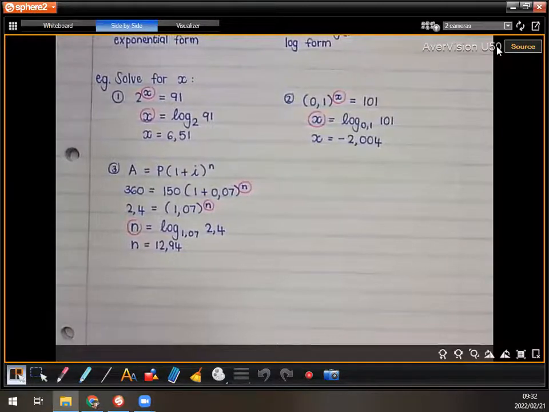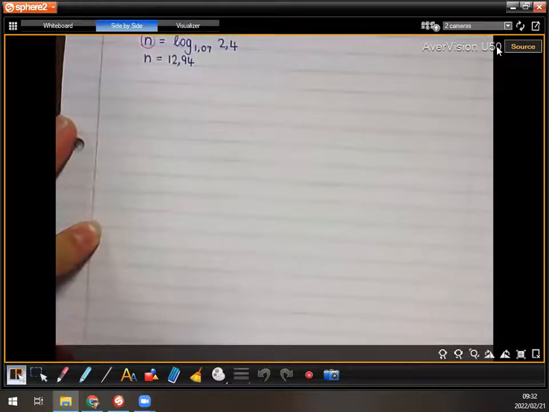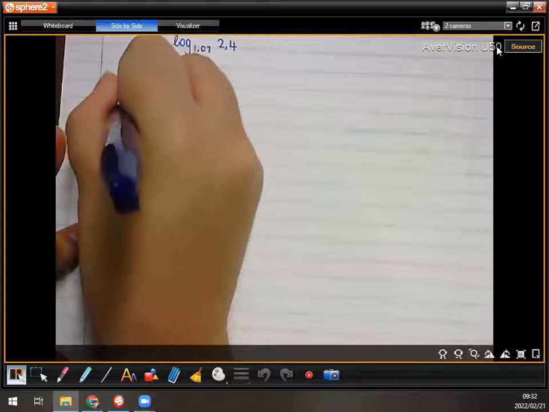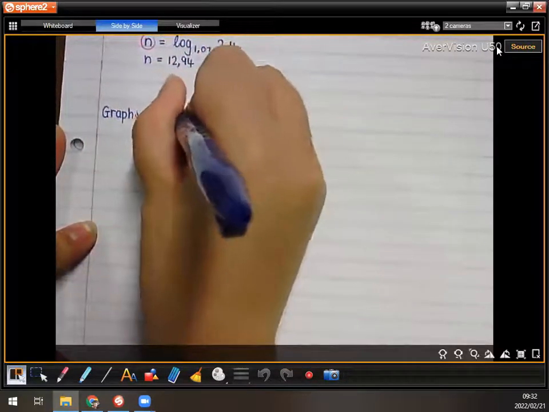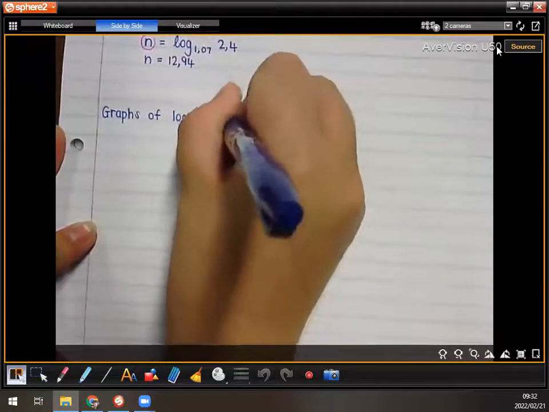Actually, I want us to move on to the graphs. All right, so let's say here: graphs of log functions, and I'll just underline it.